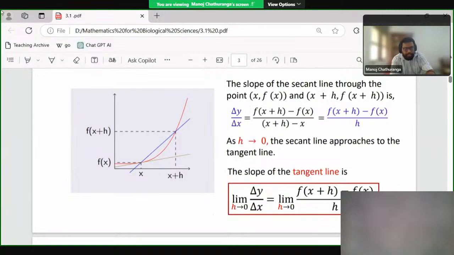So the secant line becomes the tangent line as h goes to 0. So the slope of the tangent line, you can compute it as the limit of the slope of the secant line.